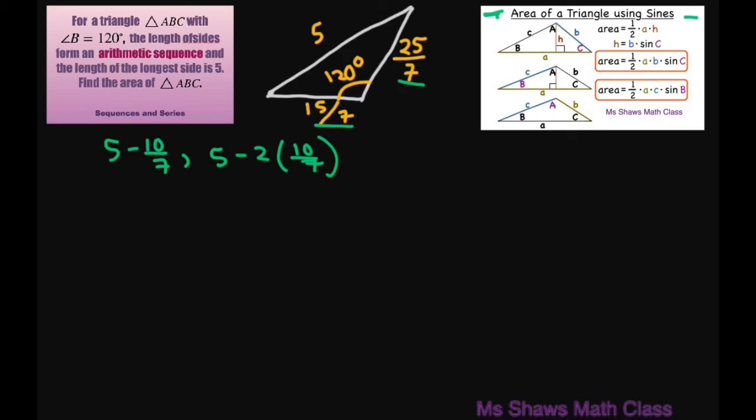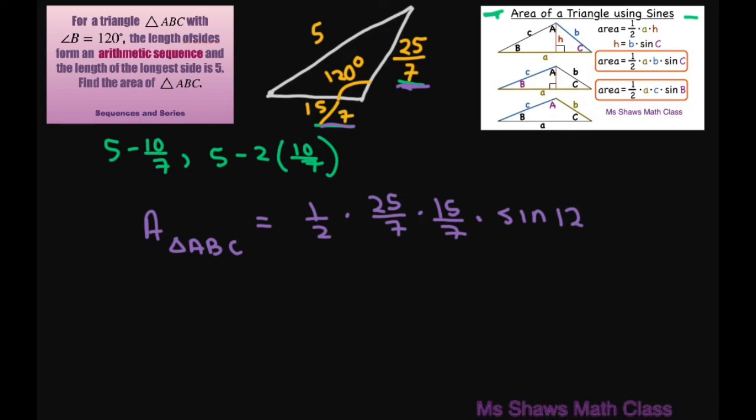And so our area of triangle ABC is 1/2 times 25 divided by 7, times 15 divided by 7, times sine of 120 degrees.